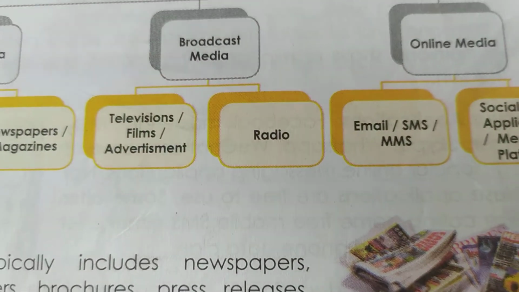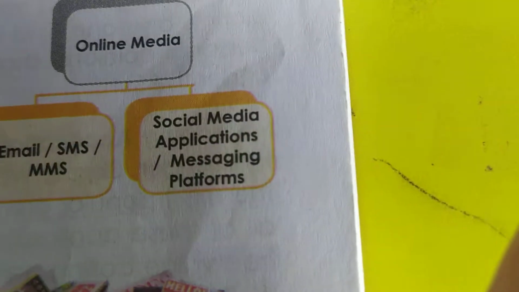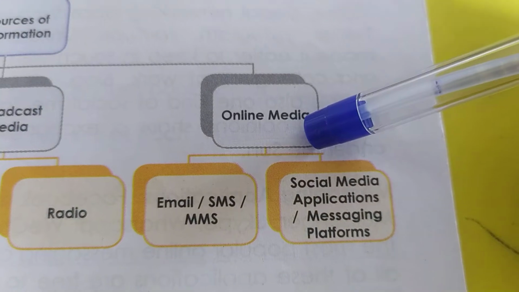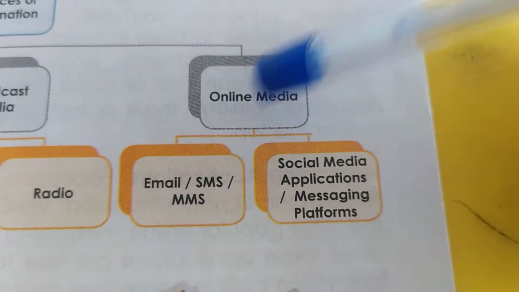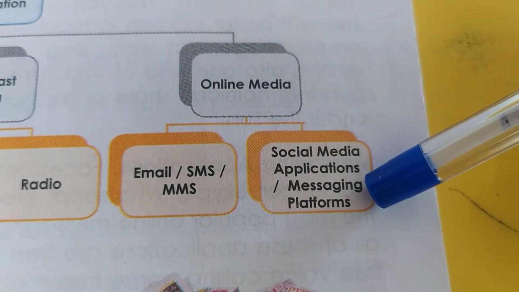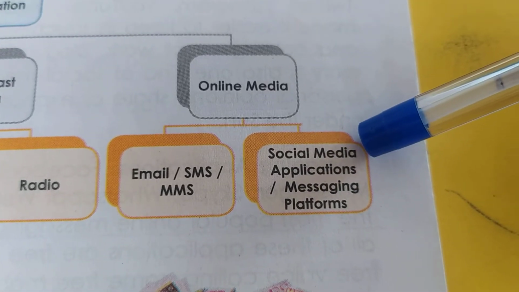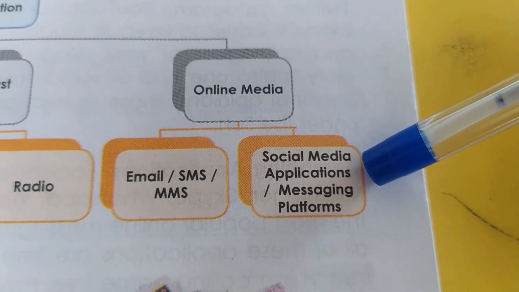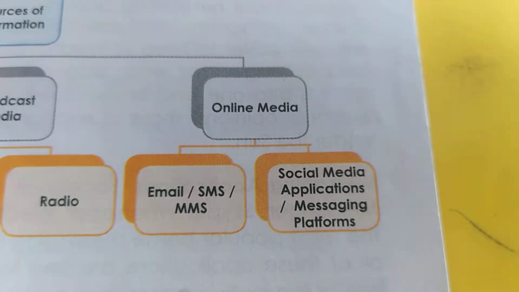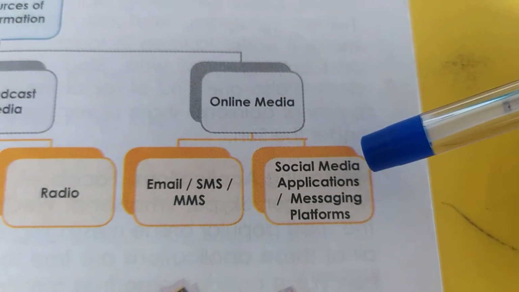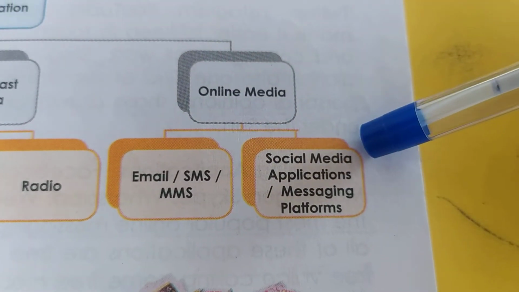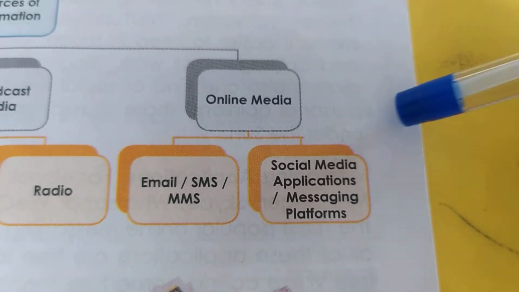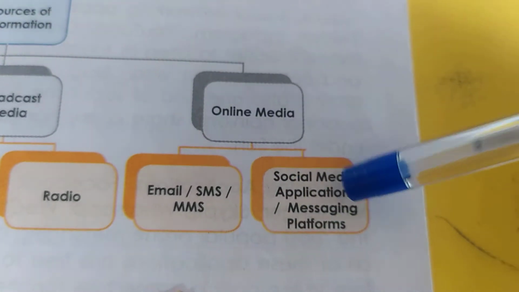Similarly, the very interesting topic is online media. What is online media? It includes email, SMS, MMS, social media applications, messaging platforms. Social media applications means WhatsApp, Facebook, Instagram, different kinds we use, right? How have I sent the video for you to watch it?